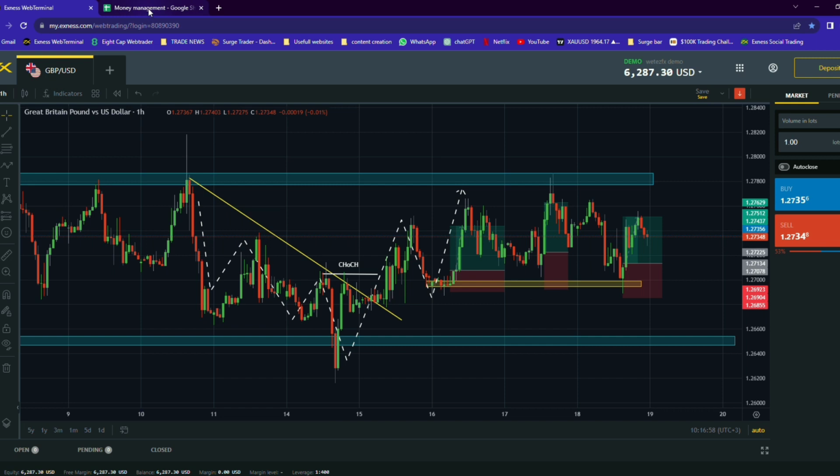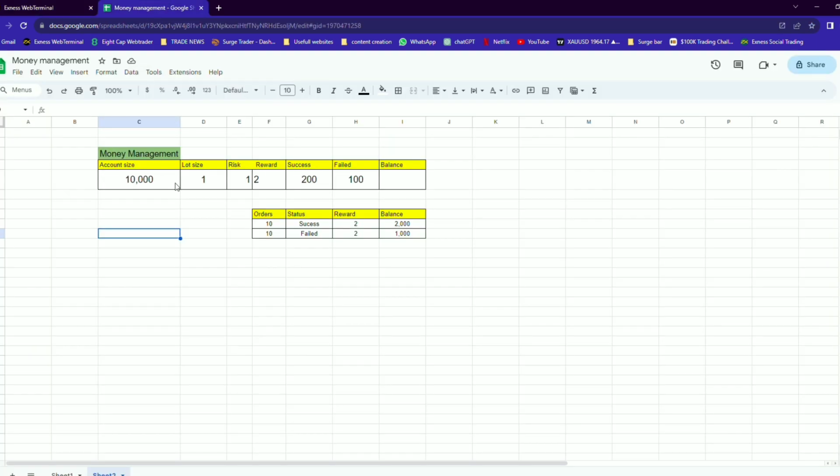Now if we go into the account to see how much, this is our example, a risk of 1 to 2 right here. We are creating a scenario where you have a $10,000 account. So the appropriate lot size, let's take it as 1 lot right there.